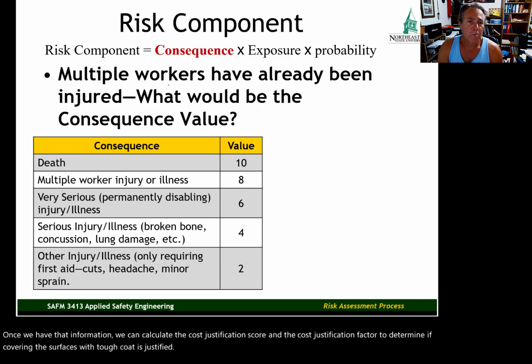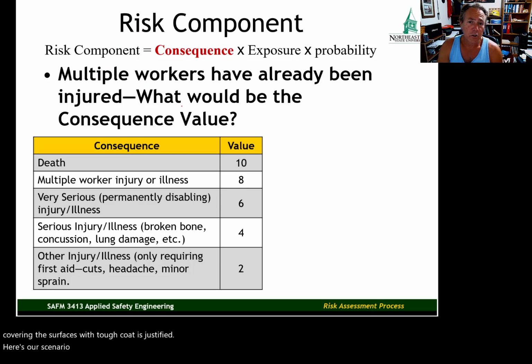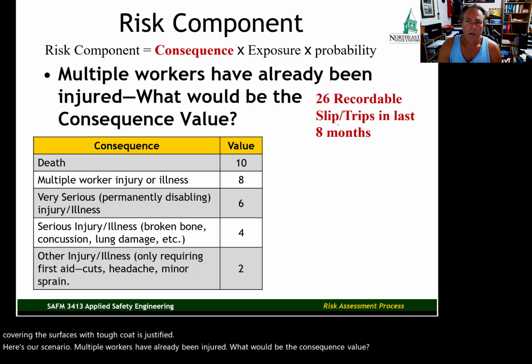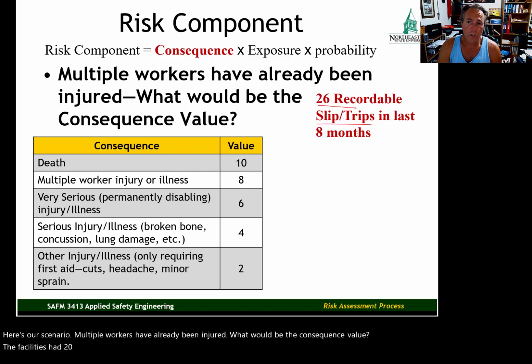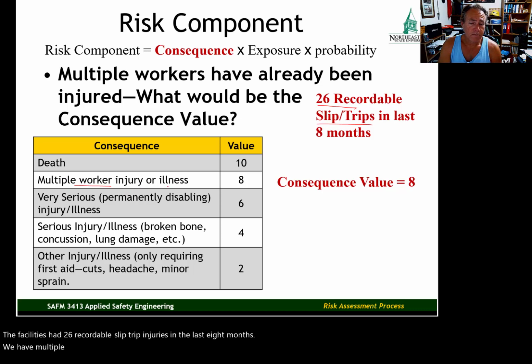Here's our scenario. Multiple workers have already been injured. What would be the consequence value? The facility had 26 recordable slip and trip injuries in the last 8 months. We have multiple workers injured. Consequence value equals 8. That's the value that I'm going to assign to the consequence.